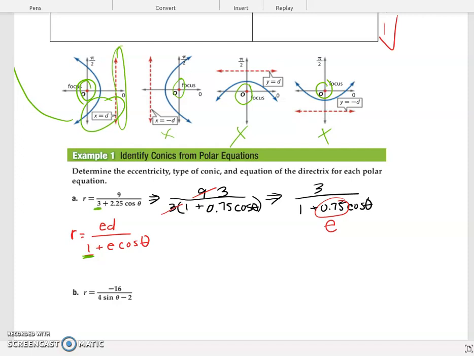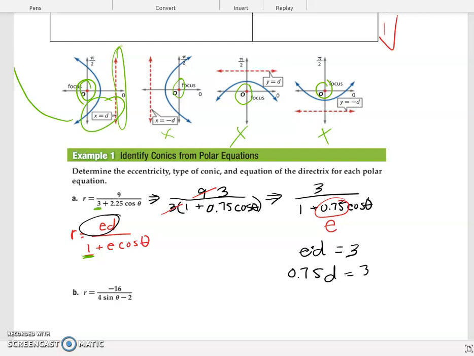Now the numerator is how I'm going to determine what my d is, because remember the numerator is e times d. So e times d in this case is going to be 3. Well, if e is 0.75, I'm going to take 0.75 times d equals 3.